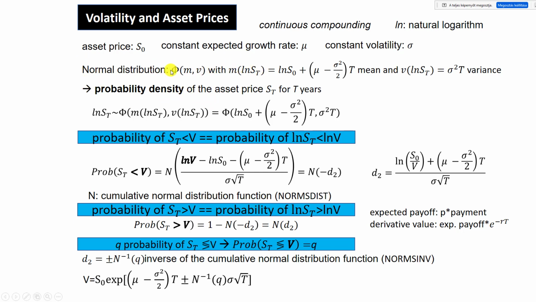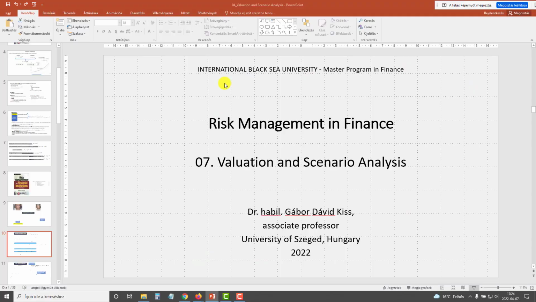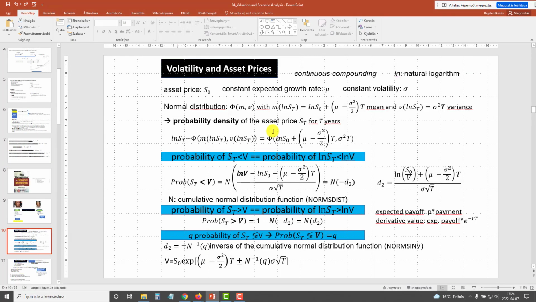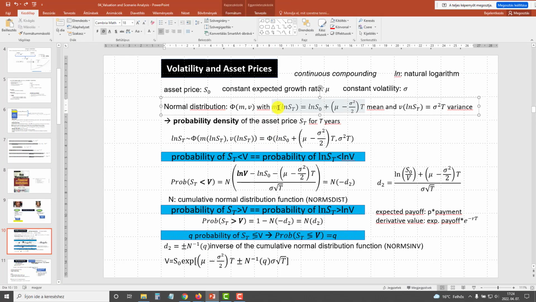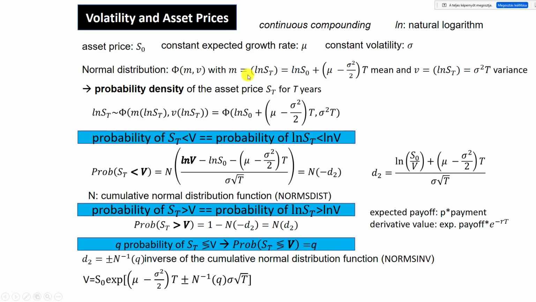We have all the ingredients here: the parameter for the m, which is this one, and the parameter for the v, which is this one. Maybe I will put an equals sign here because it's hurting my eyes. Now it's precise.